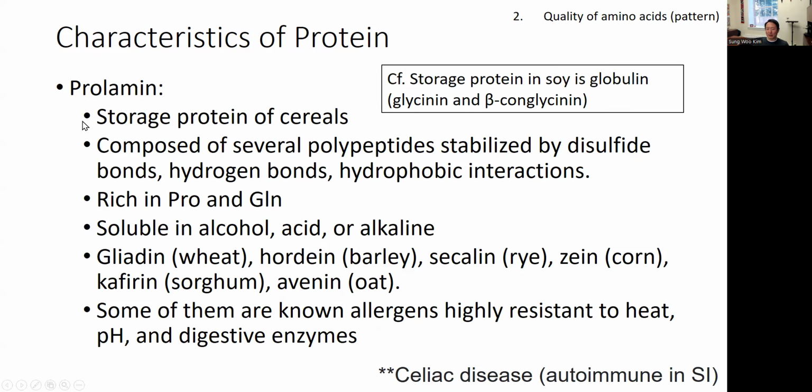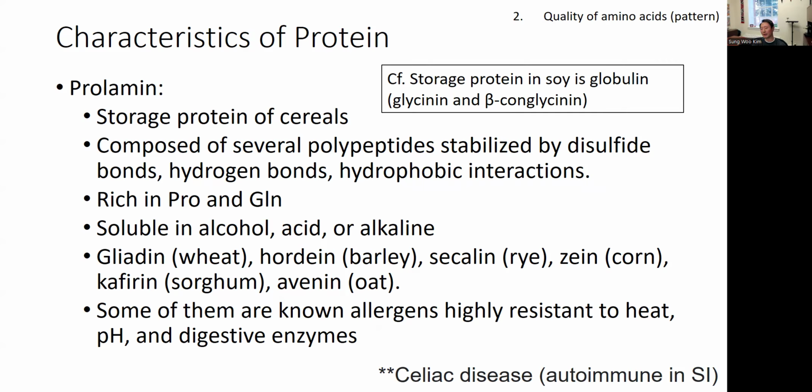Before that, let's talk a little more about the prolamine, a major storage protein in cereal grains. It has several polypeptides stabilized by disulfide bonds, between two sulfurs. What does that mean? Which amino acid has sulfur in the structure? Earlier, we talked about SAA, sulfur-containing amino acids, methionine and cysteine.